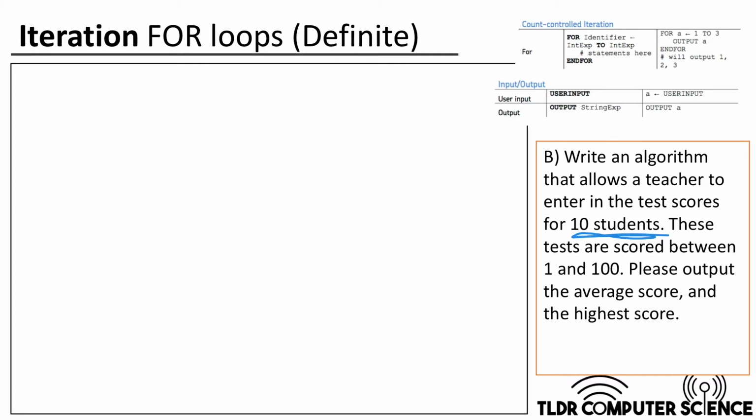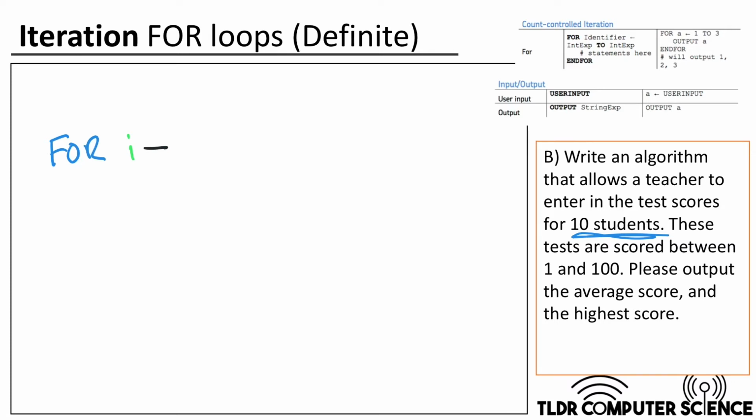I'm going to tackle this in sections. So the first thing I'm going to look at is I'm going to put in the for. So I know it's a for loop, and I know I want it to go from 1 to 10. So I'm going to use another counter. I used C last time, short for counter, but this time I'll use I. That really makes no difference, but I just wanted to prove to you that it doesn't matter what variable you have.